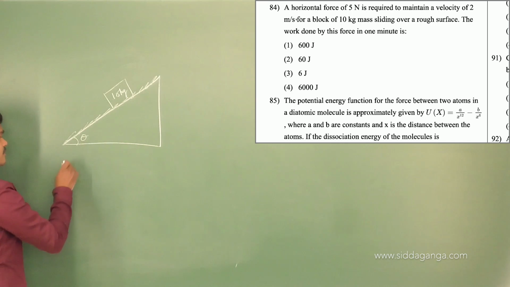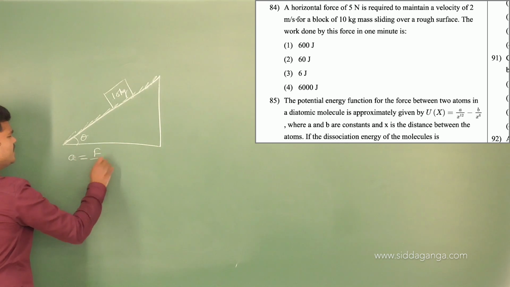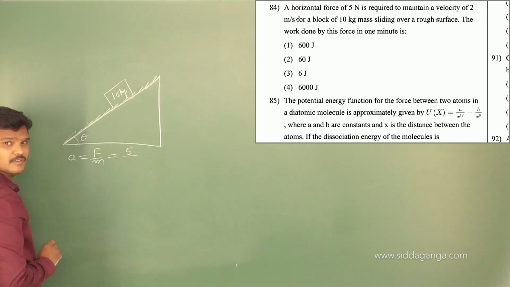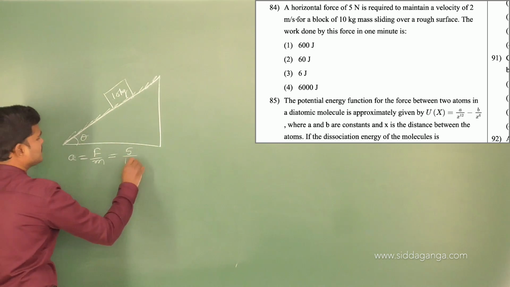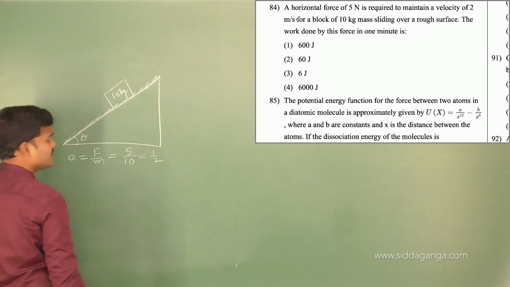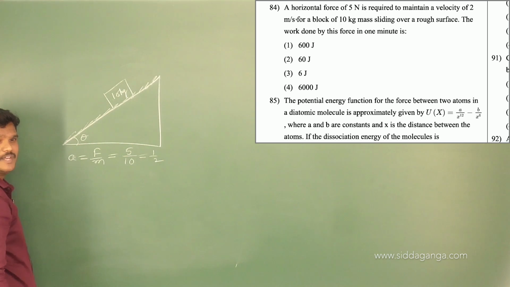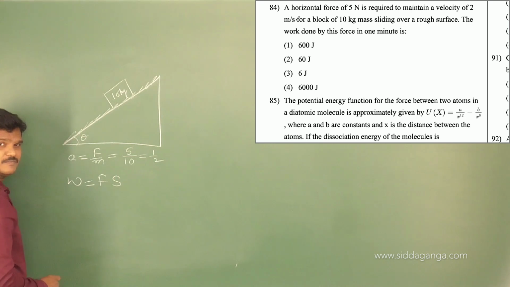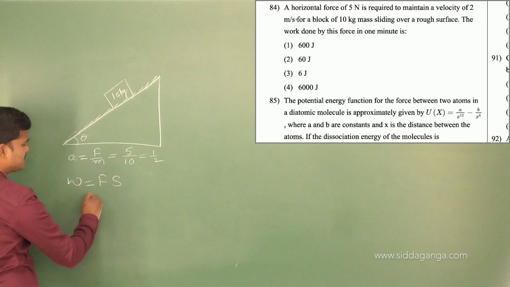Mass is 10. Then the acceleration of the block is very clear, F by m. F is 5, so this is 10. Acceleration is 1 by 2. Anyhow, we know work done is nothing but force into displacement. Force is given already.